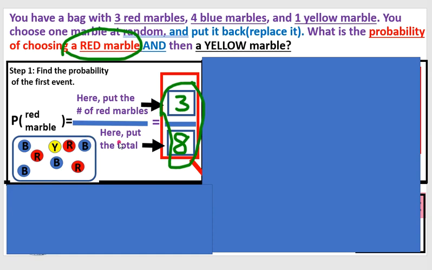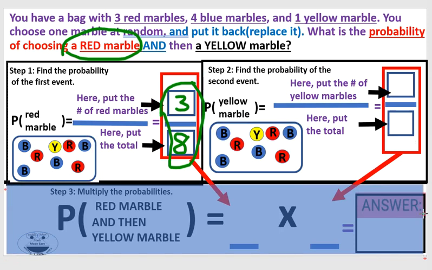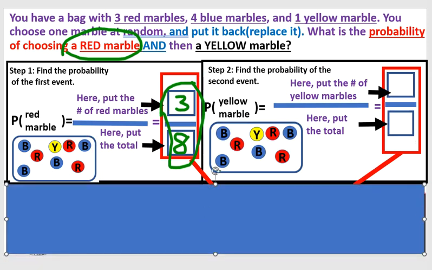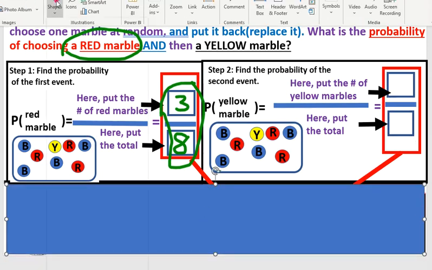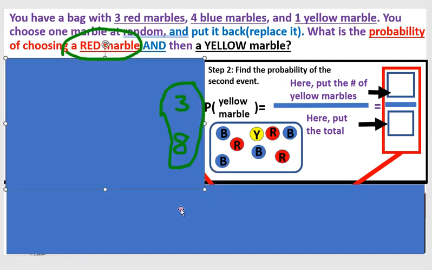So now we're going to look at the second step. We're going to ignore step 1, and let me actually put a shape on top of it to block it. So now that we did step 1, to make it easier for you, we're just going to ignore step 1 and we're going to look at only step 2.